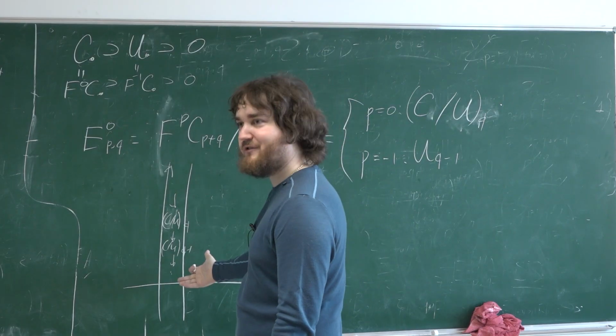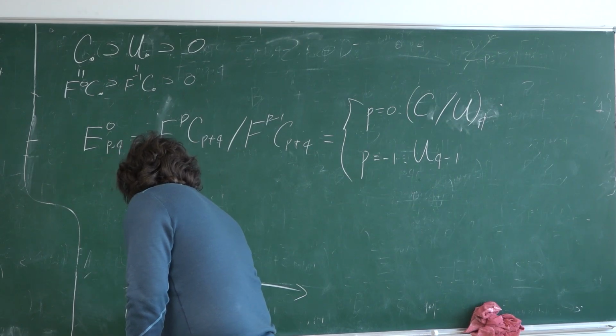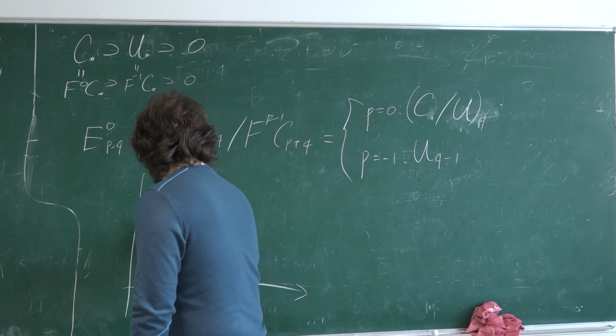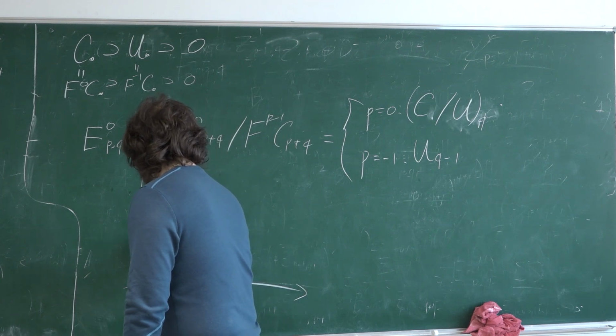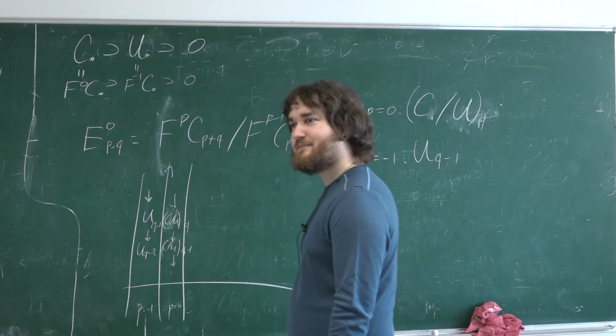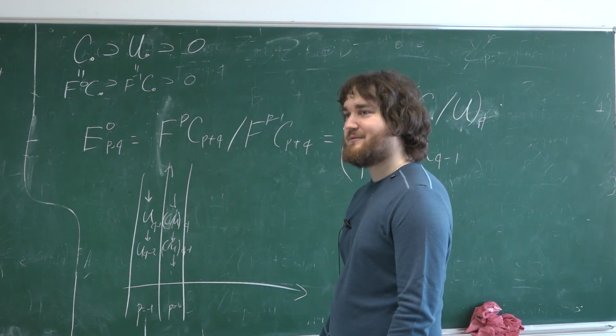This is the quotient differential. And on column p = -1, I have U itself, but with the shift: q-1, q-2, with its own differential. It's my zero page with zero vertical differentials.